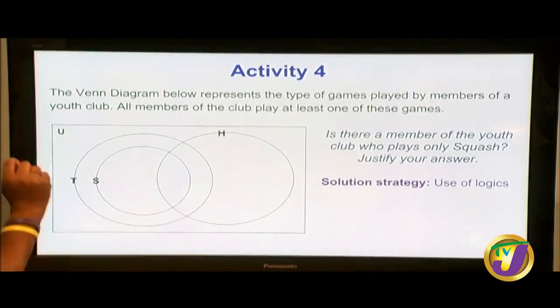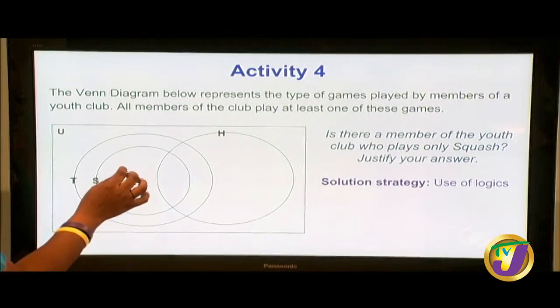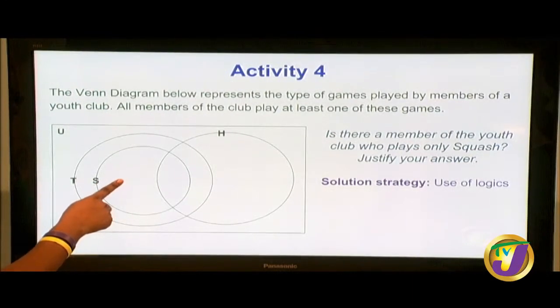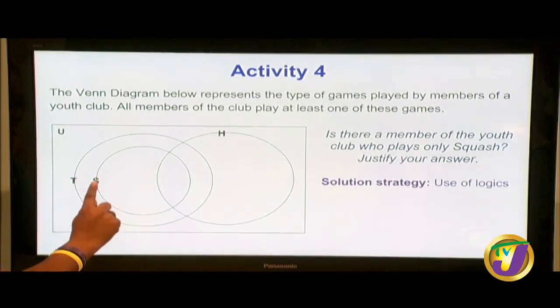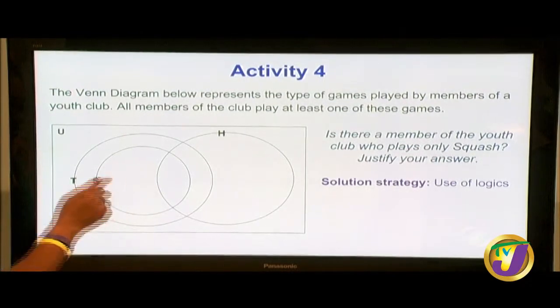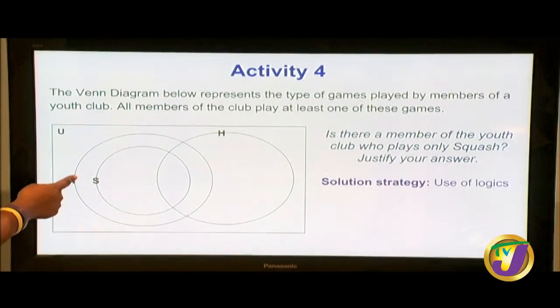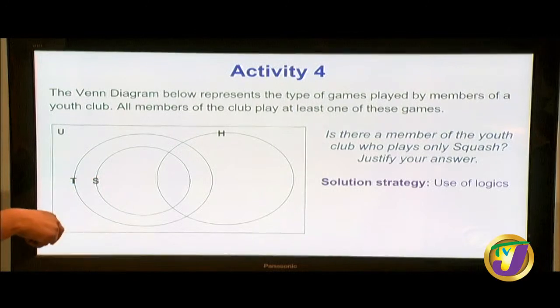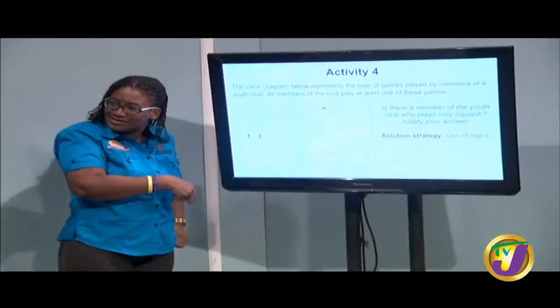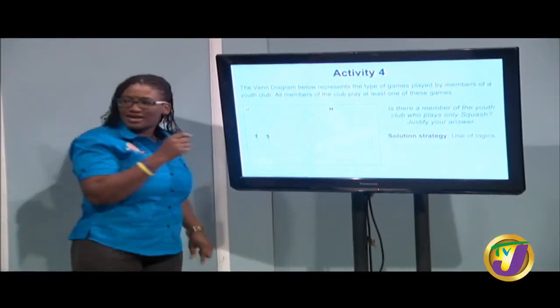So I'm looking at out here. But, Latoya, I'm looking at everybody who plays squash, and they're in the tennis set. So squash is a subset. The set squash is a subset of the tennis set. Everybody who plays squash plays tennis.